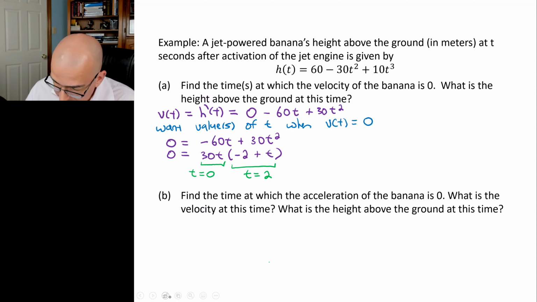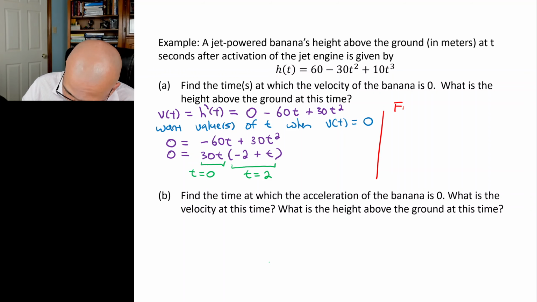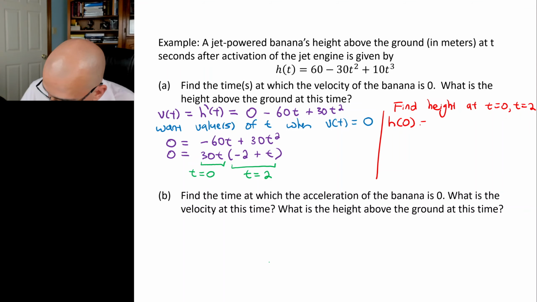Now the second part, find height at t equals 0, t equals 2. So h of 0, that's going to be easy. 60 minus 0 plus 0, which is 60. The other one might be a bit of a mess.